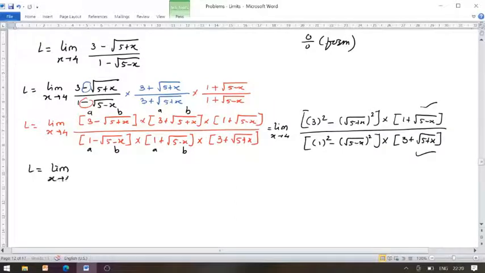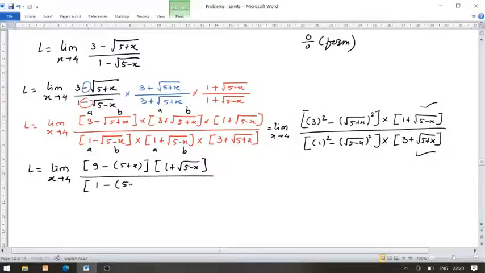So limit as x tends to 4 of 3 square becomes 9 minus, square root and square getting cancelled, gives us 5 plus x only, into 1 plus root of 5 minus x as it is, whole divided by the same thing over the denominator: 1 square minus, square root and square getting cancelled, we get 5 minus x, into 3 plus root of 5 plus x. Keep in mind, in the first factors of numerator and denominator you always have to provide the bracket.